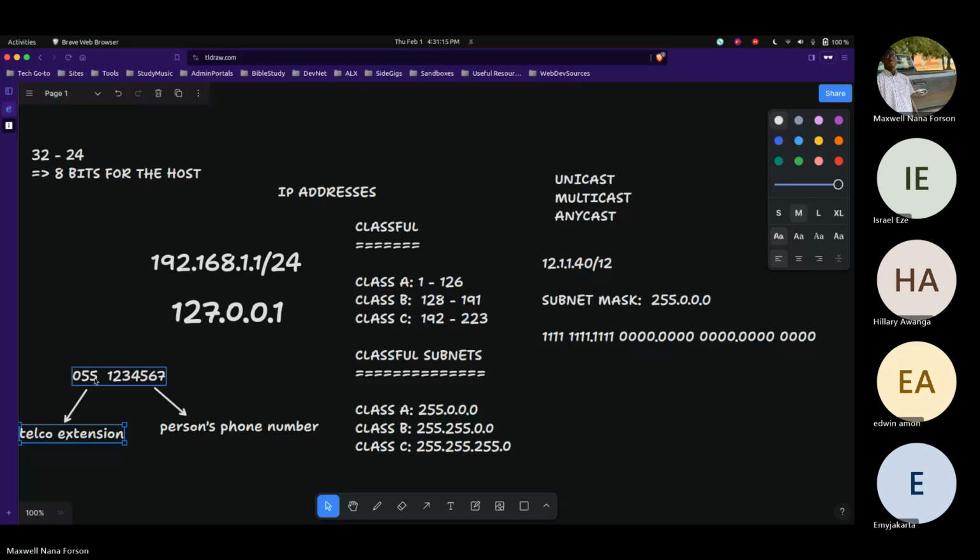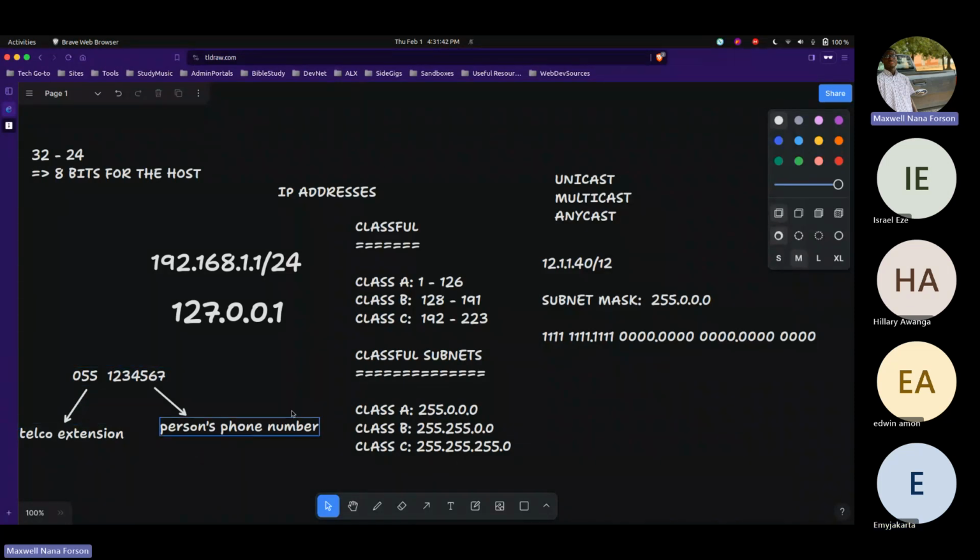Right. So in Ghana, the numbers start from 0, then the telecommunications next 2 numbers. All right. So we have 055, we have 026. I'm talking based in Ghana. All right. So that's what we have over here. So this part of the number tells you which network you are using, and then the rest of it is the one for you. All right.